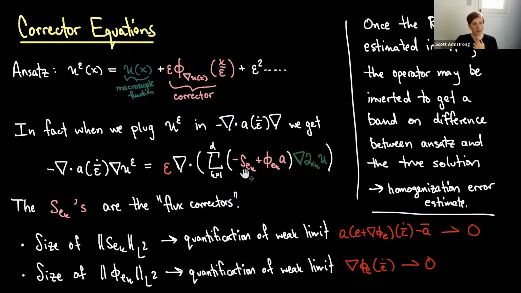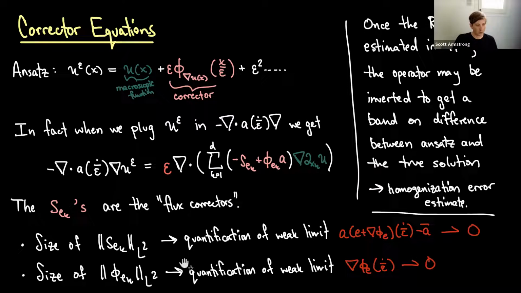The S's are the flux correctors. They're the potential functions for the flux. The flux is a divergence-free field, and there's a matrix potential for it, which you call S. Because the derivative of S is this flux, its L2 norm encodes the H-1 norm of the flux, and the L2 norm of phi encodes the H-1 norm of the gradients.